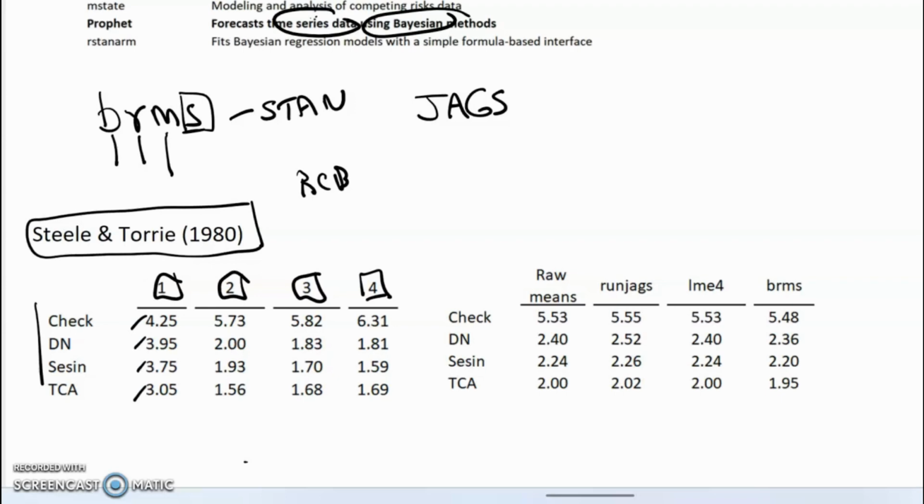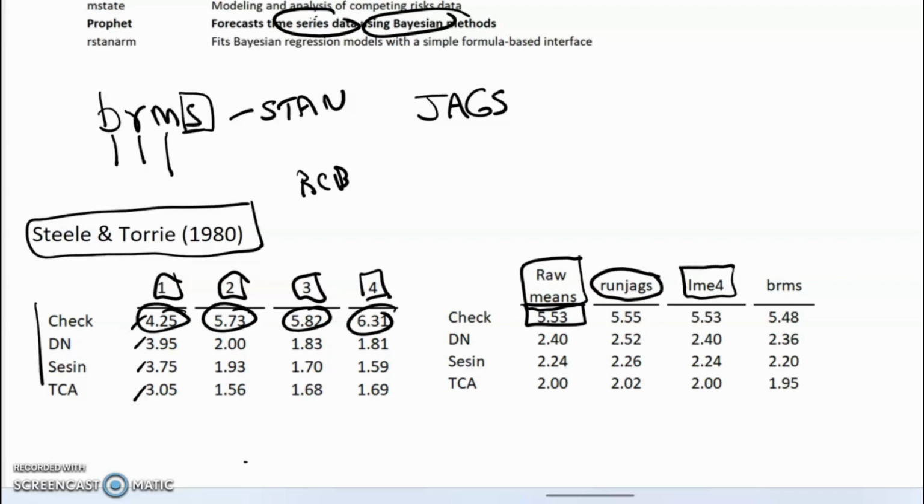These are the data that were accumulated. So we're going to get estimates of the treatment effects in 4 different ways. One is we're just going to take the raw means. So we take this value, this value, this value, this value, take the average, and that's shown here. We're going to run runjags, and in addition, we're going to look at LME4. And LME4 is a package that many of you may be familiar with because it contains the LMER function that is commonly used for mixed models.